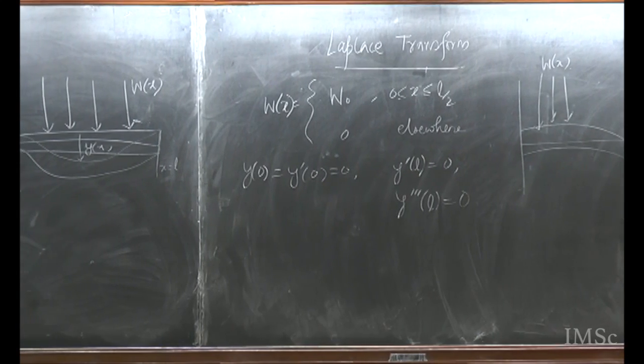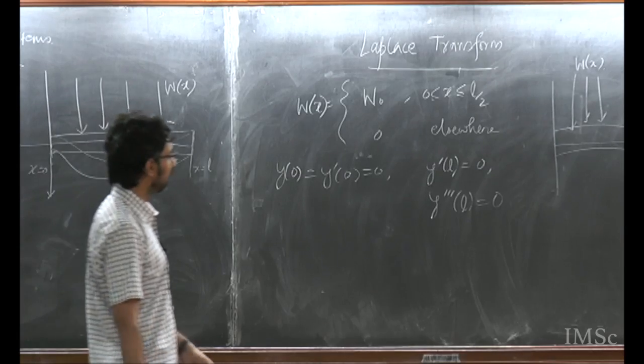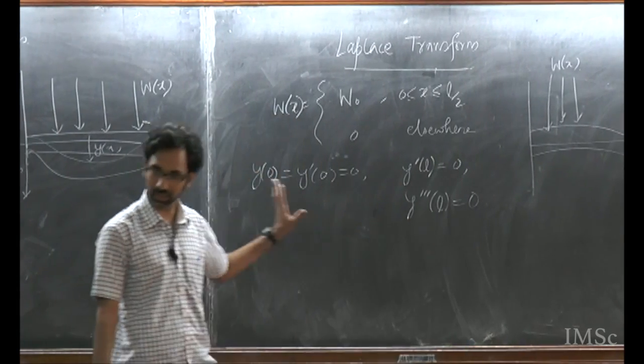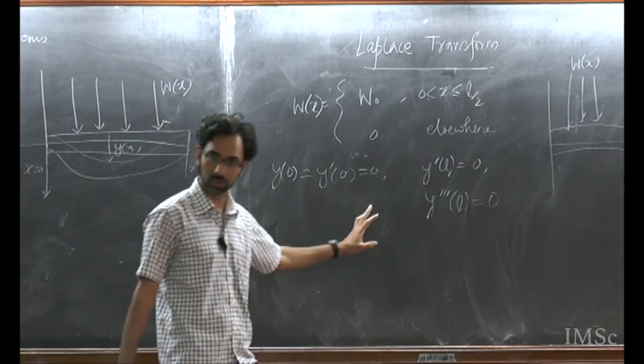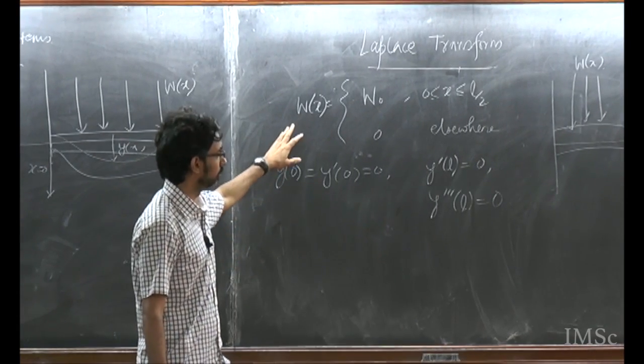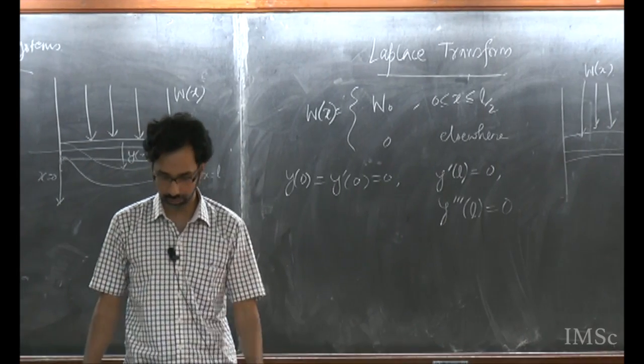Okay, but I cannot explain, unfortunately, what these mean. But mathematically this makes sense. Okay, this is a differential equation with given boundary values. Okay, and you have assigned Wx to be a nice function.